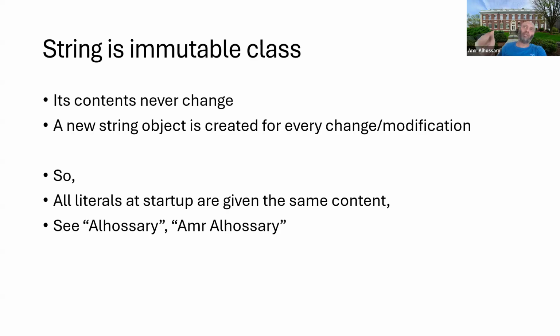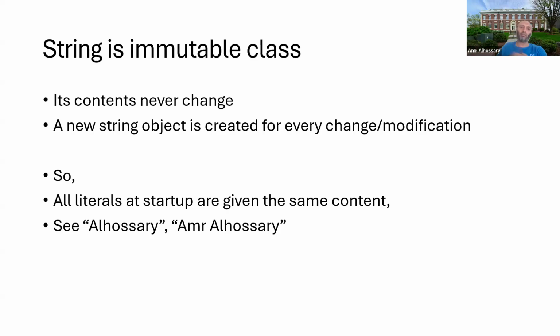From the onset of creation of a string till the end of the life of this object, its content never changes. This is in contrast to other languages like C++. The string in C++ is mutable. The string in Python is immutable, just like Java.